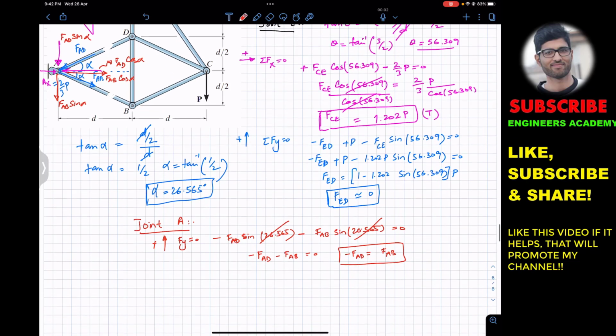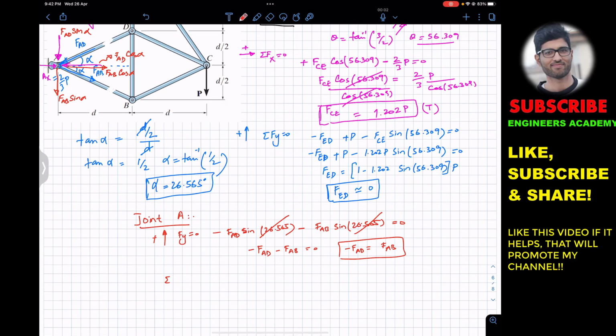So now if we apply the summation of forces along x equals 0, towards the right is our positive x direction. Now as we can see, FAD cos of alpha is acting towards the left, so I will write minus FAD cos of alpha. Now alpha will remain the same, that is 26.565.